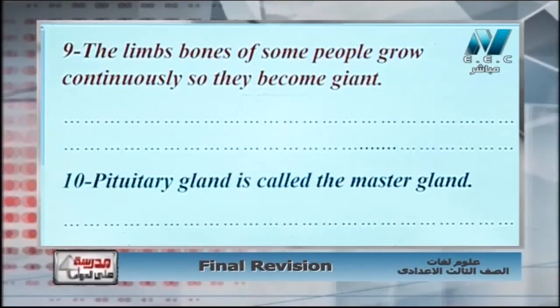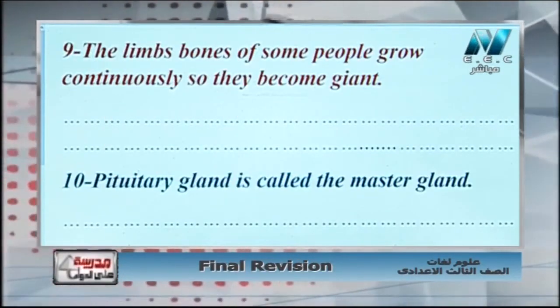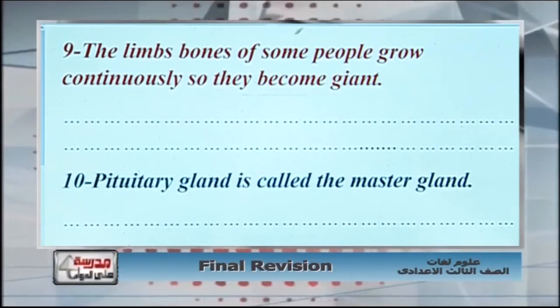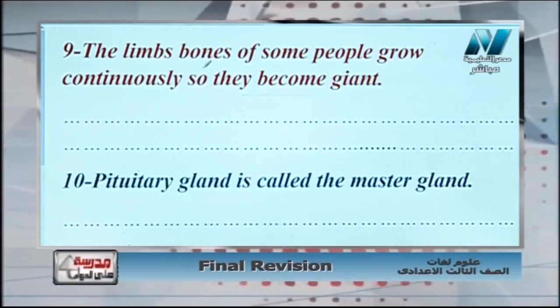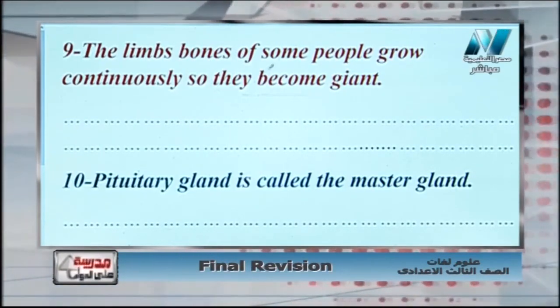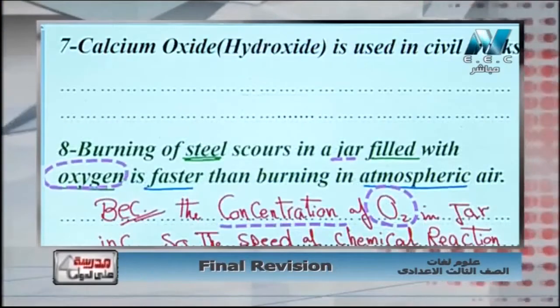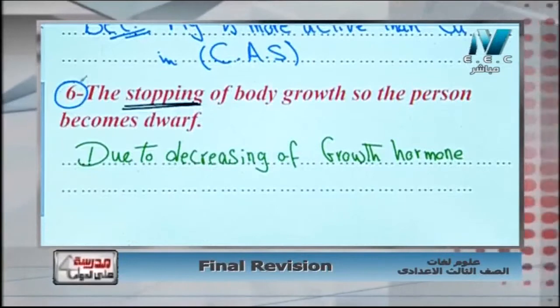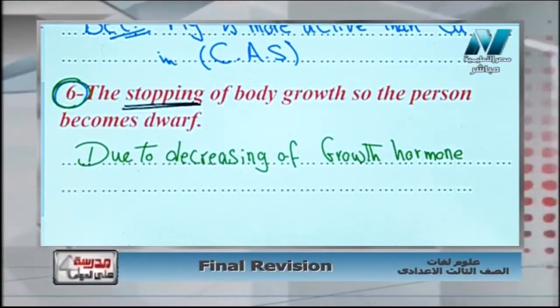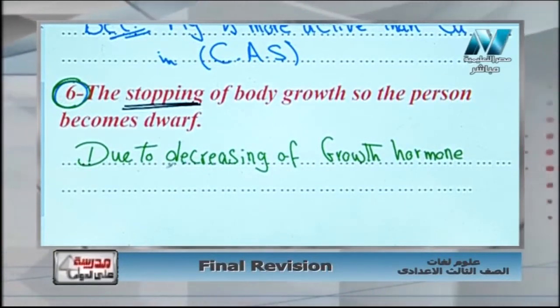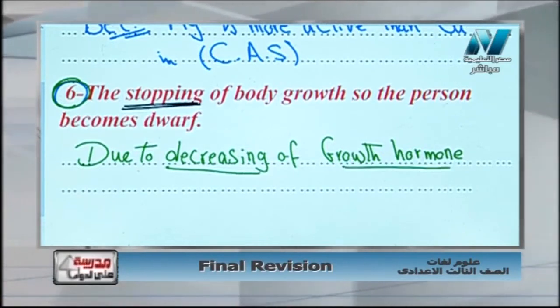Next question is the limbs bones of some people grow continuously so they become giant, بيبقى عملاق. طبعا the answer here is the opposite of this question, the question number 6, stopping of growth due to decreasing of growth hormone. So here we talk about what? Due to what?